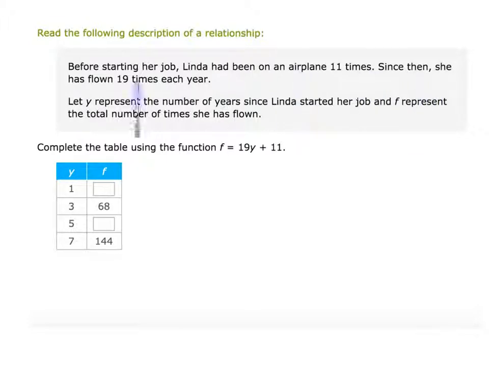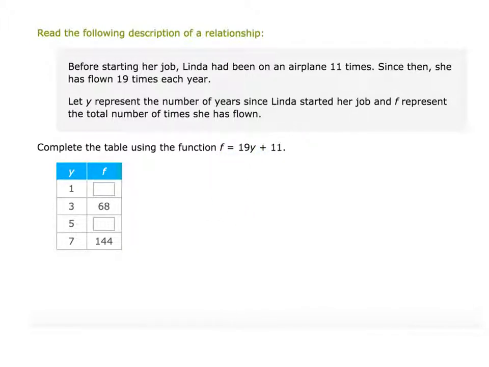Since then, she has flown 19 times a year. Let Y represent the number of years since Linda started her job, and F represent the total number of times she has flown. So 19 times Y is 19 times each year. But the 11 represents the times she's already been on the airplane, so add 11 there. That's where the equation is coming from.